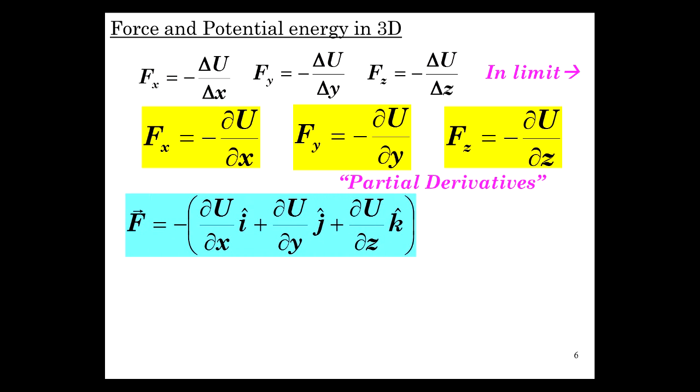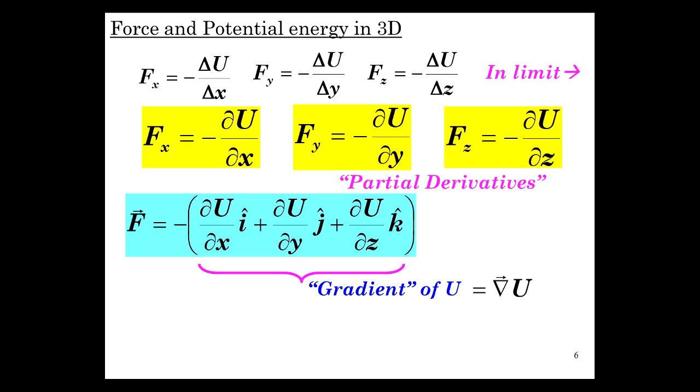So the force is equal to minus all the partials. We have partial U partial x, i, partial U partial y, j, partial U partial z, k. Now this entire partial derivative operation for 3-dimensional space is known as the gradient of U. So the force is the negative gradient of the potential energy function, or grad U, as it's called.